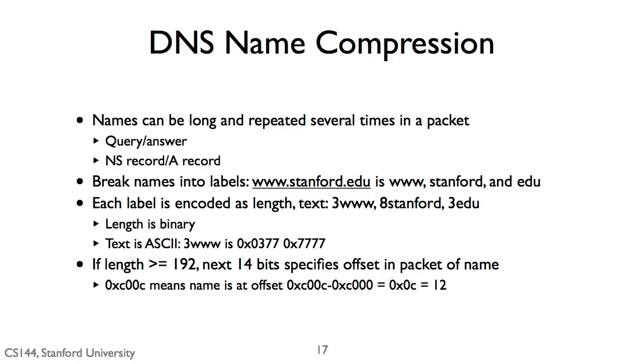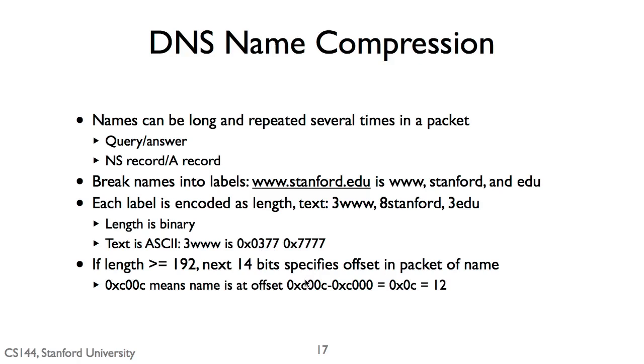It's just one byte, and then the text is in ASCII. So for example, if I were to encode www, W is 0x77, the way this would be encoded in the bits in the packet is 03 77 77 77. So this tells me these are 3 bytes, and here they are.